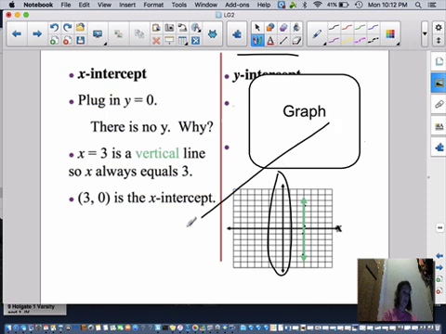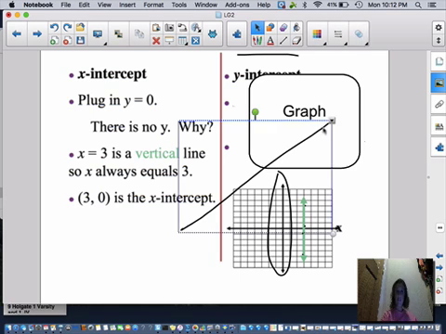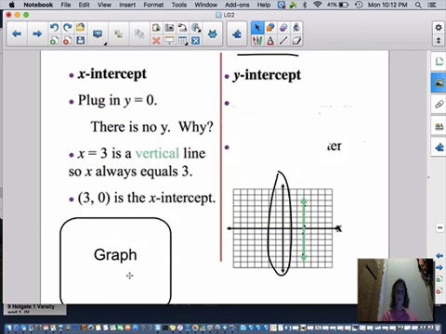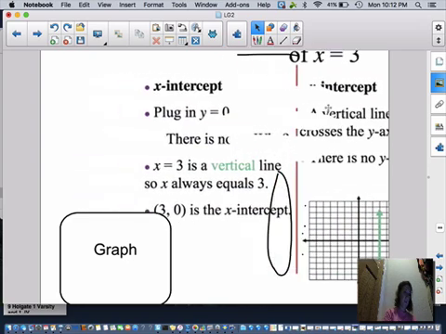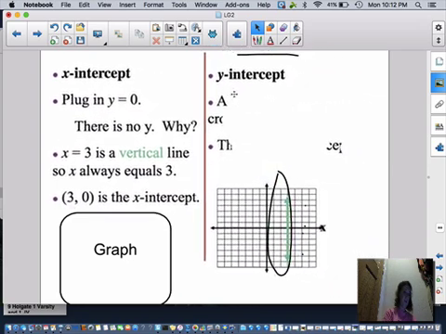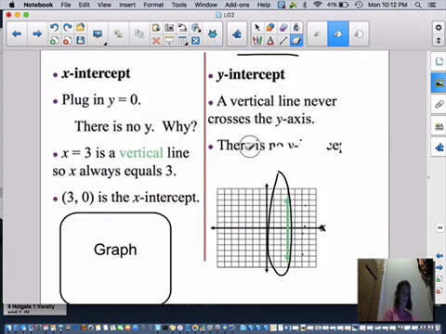So since we never have a y-intercept, we can't solve for it. Okay, so a vertical line doesn't cross the y-axis. It does not have a y-intercept.